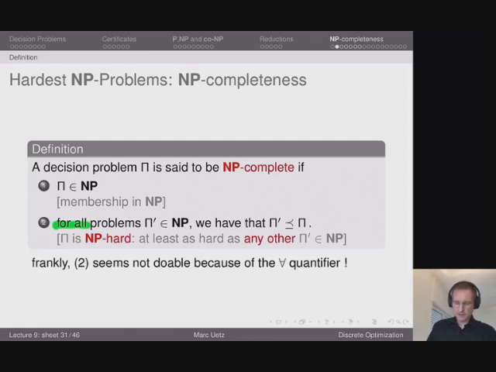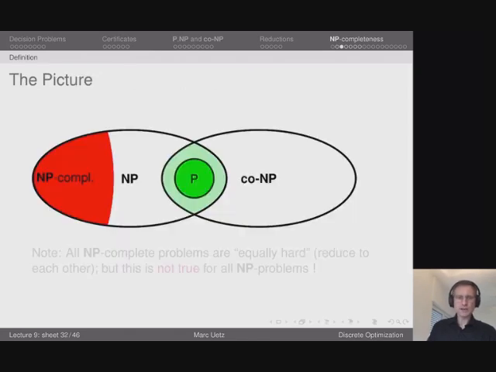First, let's have a look at the Venn diagram of complexity classes so far defined. Now we also defined the class of NP complete problems, which are the hardest problems in the class NP. For any problem which is NP complete, there exists a reduction from any other problem in the class NP to that problem.